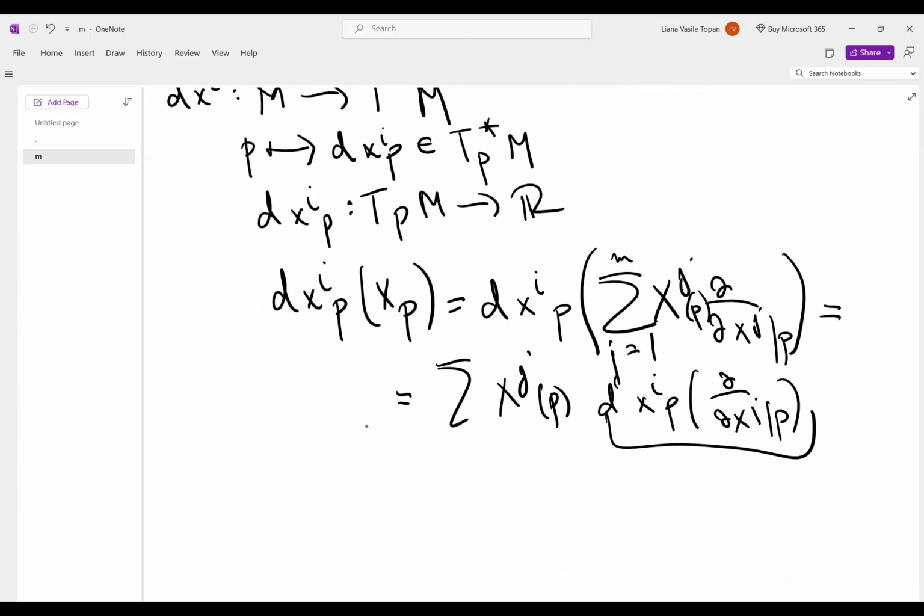So everything is 0 except when i is equal to j. So this is simply xi of P, the ith component of the vector xp.